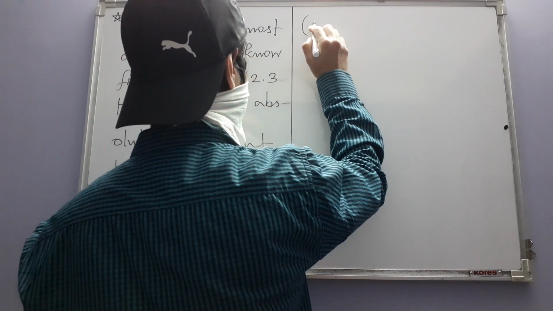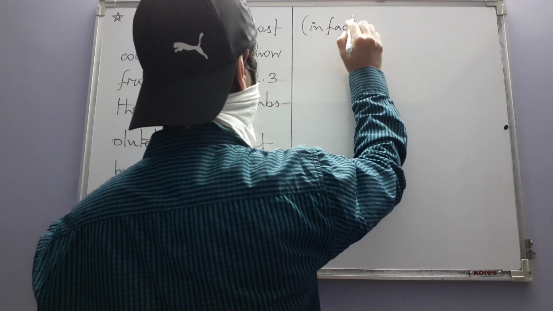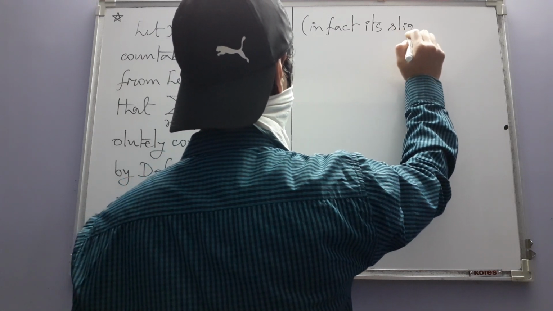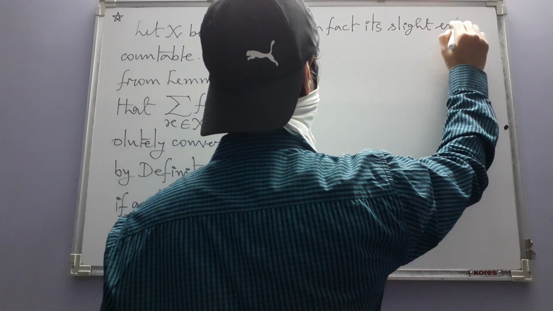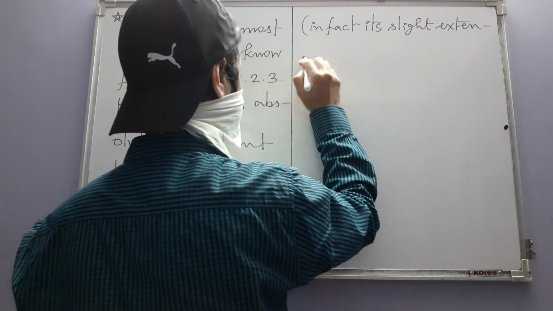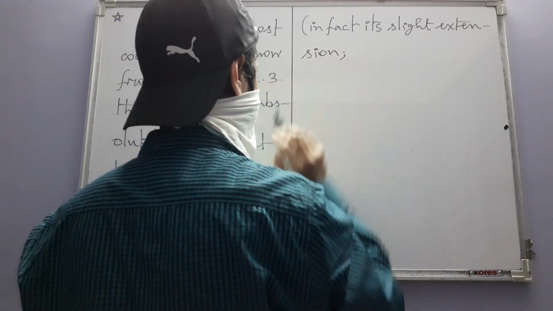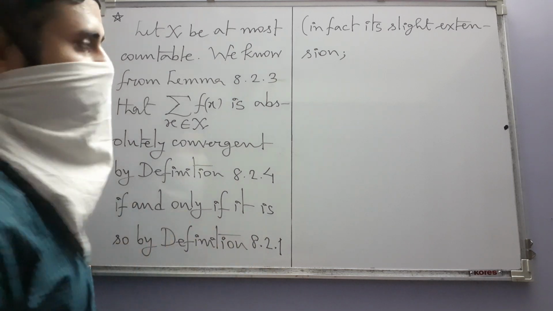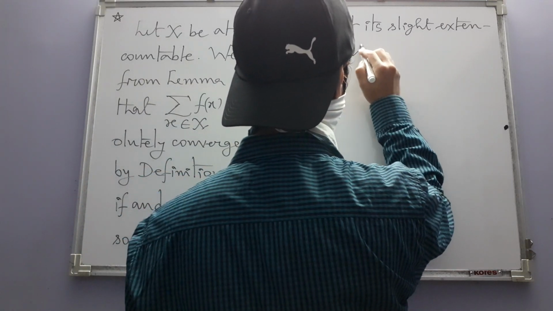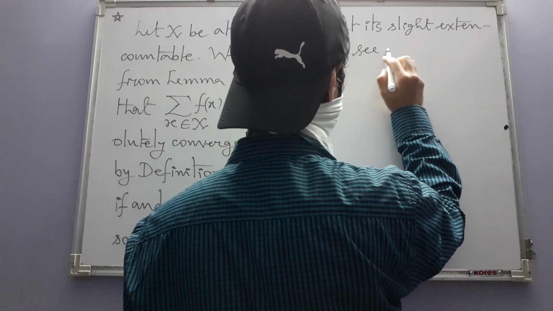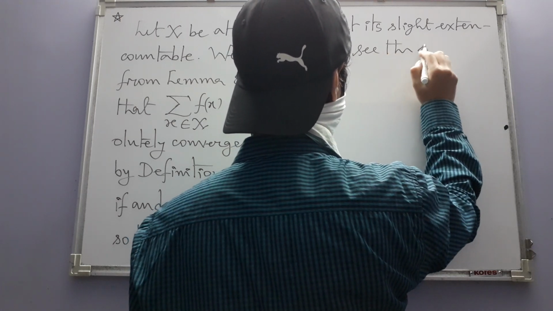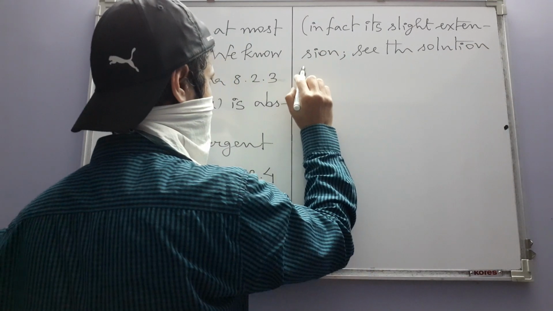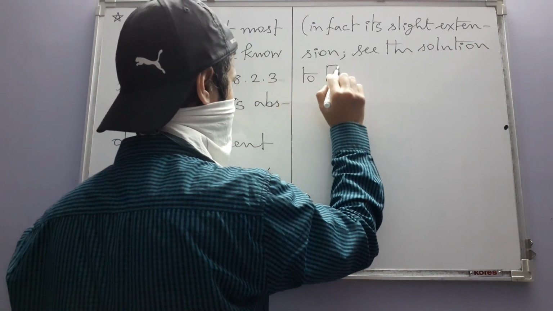This slight extension means the extension of the first definition of absolute convergence, which we can see in the solution to the first exercise.